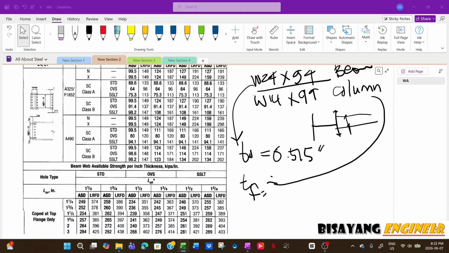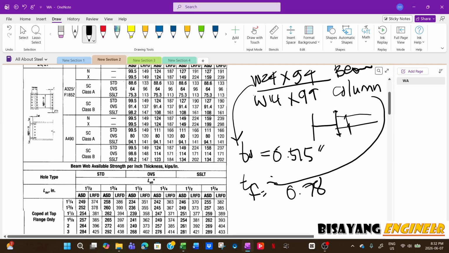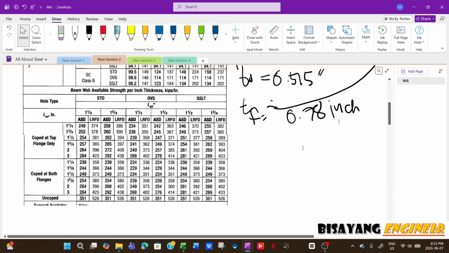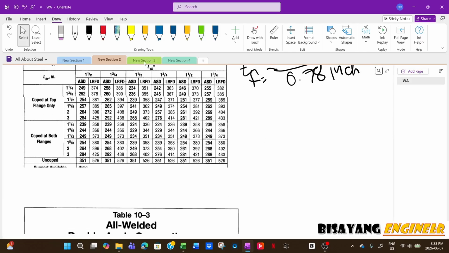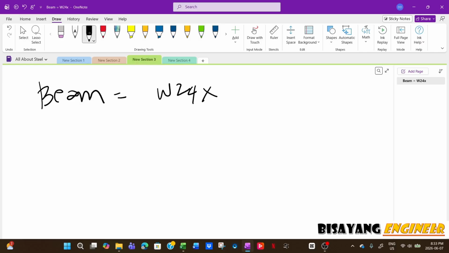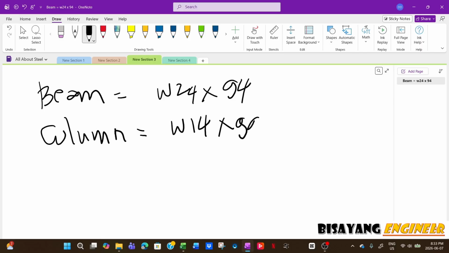Thickness of flange is 0.78. This is 0.78 inch. So these are the information you need for this section. So basically our connection would be, let's try another right here. So beam is W24 by 94, and then column is W14 by 99.